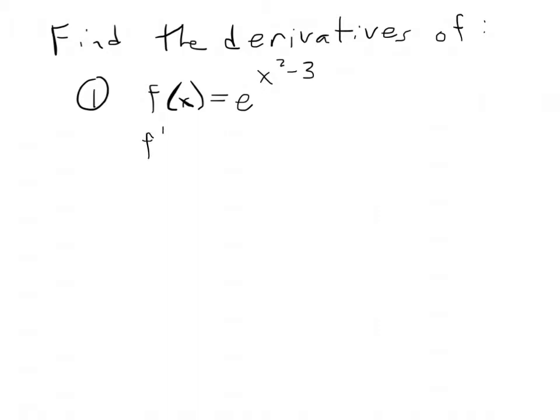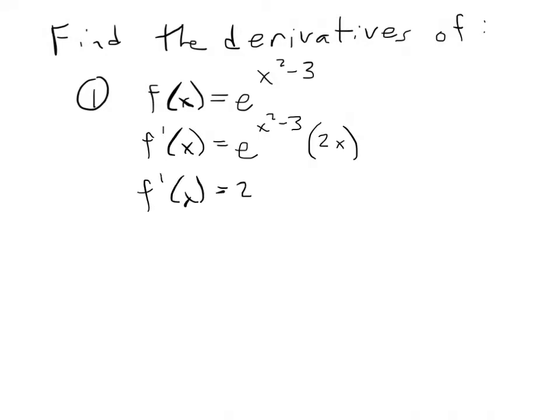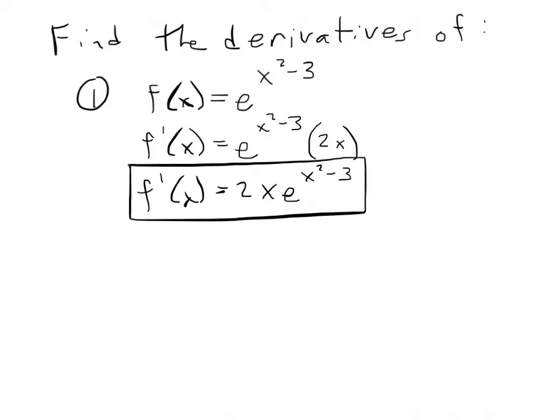Well, the derivative of e to the something is supposed to be e to that something, so it will be e to the x squared minus 3 times, chain rule, times 2x. And so if I made this a little bit prettier, we'd be looking at 2x e to the x squared minus 3. And there's your derivative.